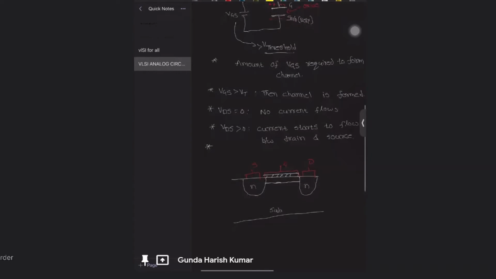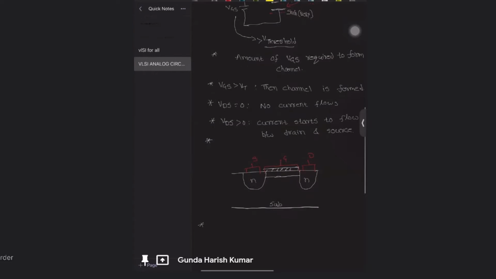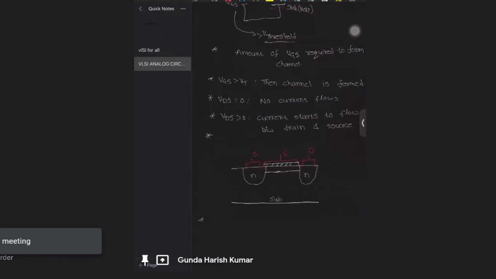And there is a channel here. Now VDS is greater than 0, so current starts to flow between the drain and source.